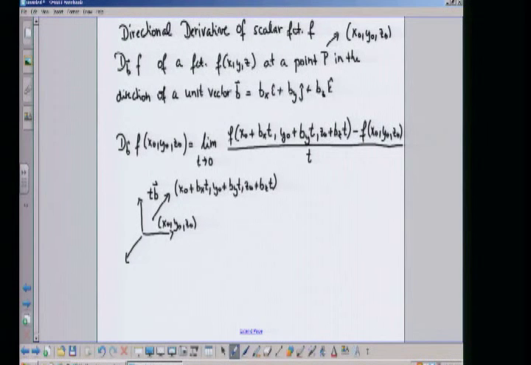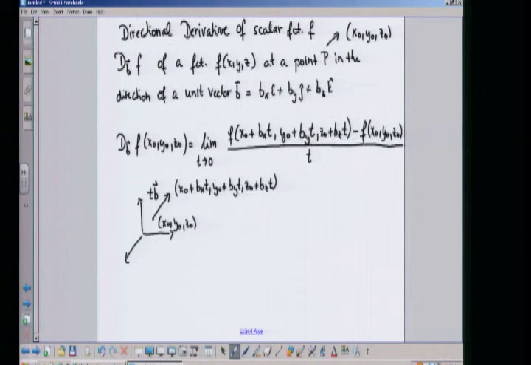So this is the mathematical definition, and of course it's a little bit abstract. So we would like to have a better handle on this, because this is hard to calculate, right? If I would ask you to calculate the directional derivative of a certain function, you wouldn't like to start evaluating these limits, okay?